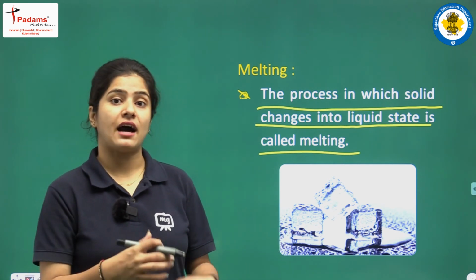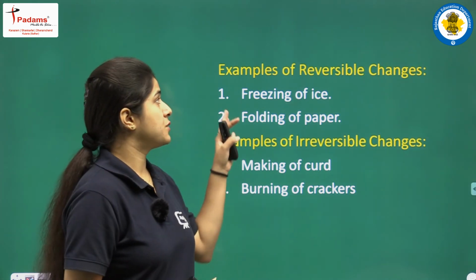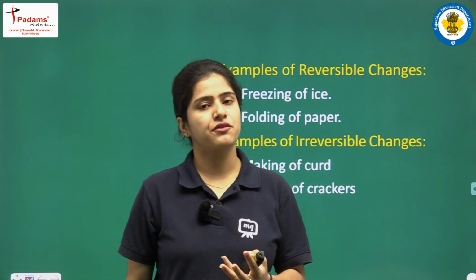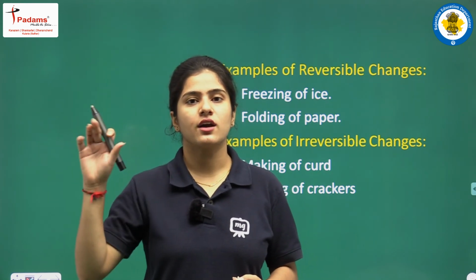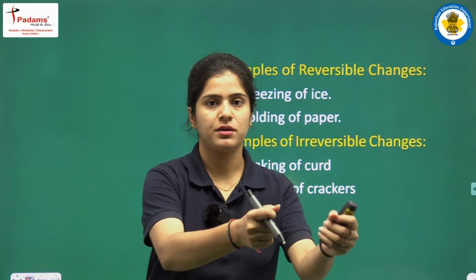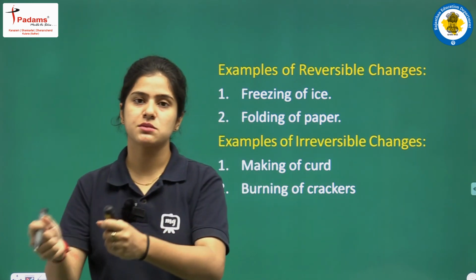Now, students, let's look at the examples of reversible changes. What are the examples of reversible changes? Switching the light on and off, right? If I move this chair from here to there, it is also a reversible change.